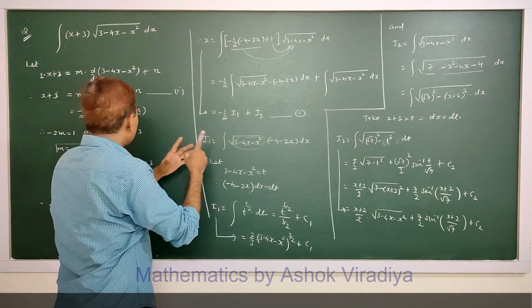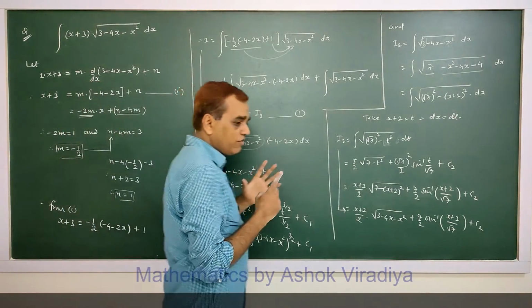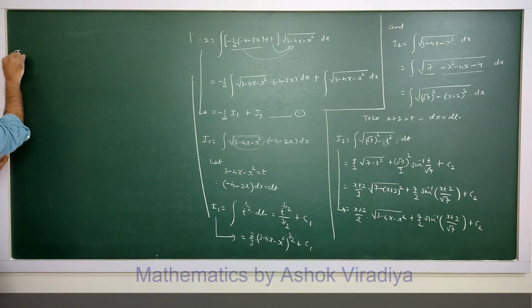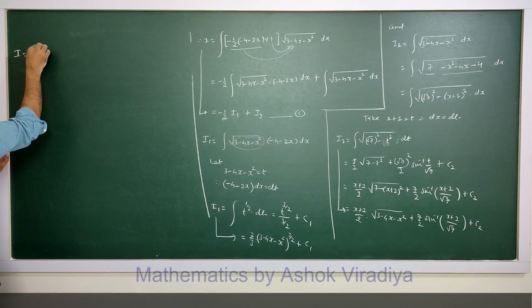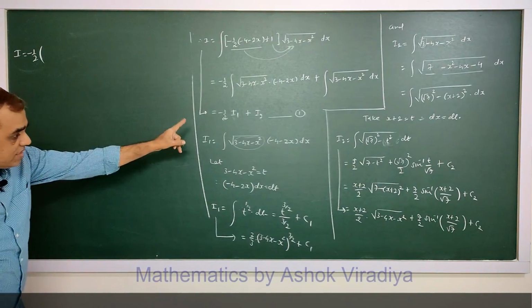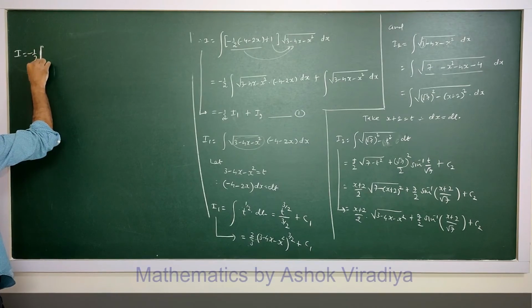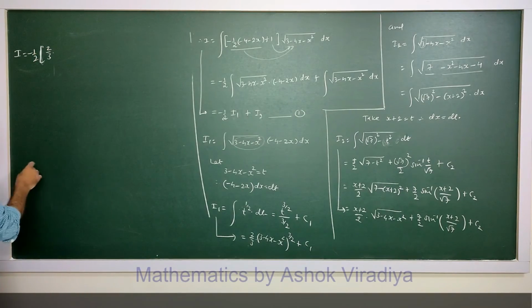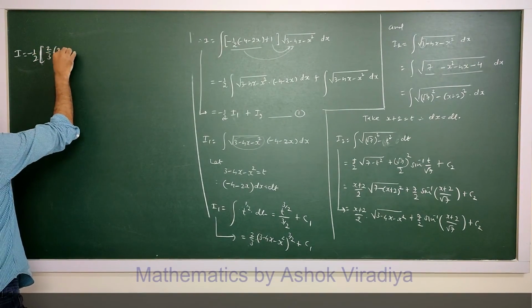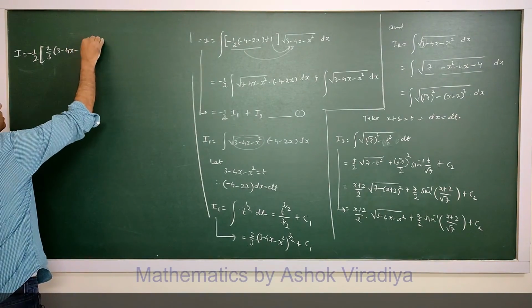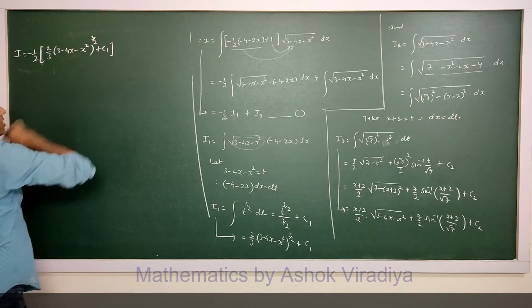So putting in equation 1, the value of I is equal to minus 1 by 2 times I1. What is I1? It is 2 by 3 into 3 minus 4x minus x square raised to 3 by 2 plus c1.